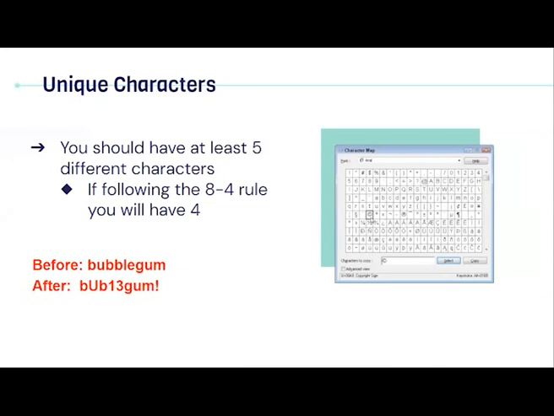As you can see in the bottom, this person's password, for instance, let's say it's bubblegum, they took it and applied the 2 rules that I just mentioned. So they added an uppercase letter, they added numbers, and they added a special character at the end to make the password stronger.